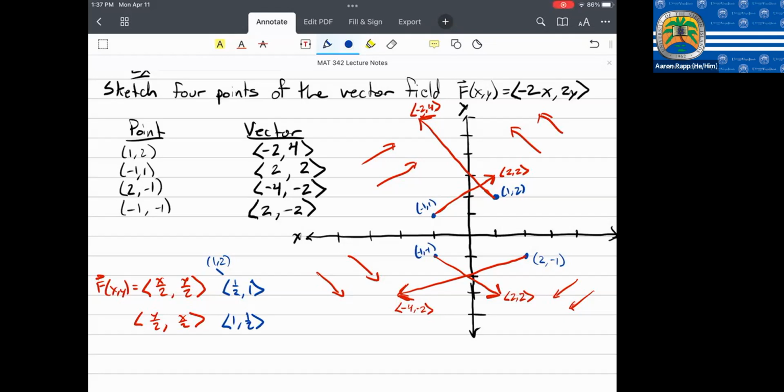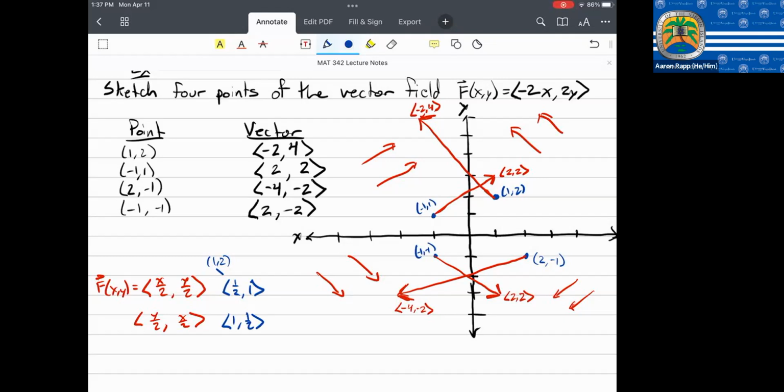Come down here in the fourth quadrant. Negative x values, negative y values, which means all my vector components are going to be positive and negative. I'm in the second quadrant. Negative x values, positive y values. What direction will all my vectors be pointing?